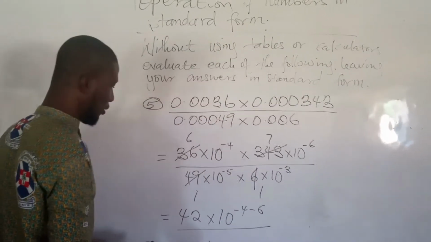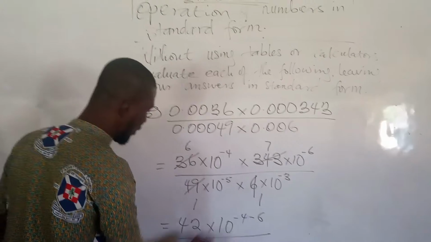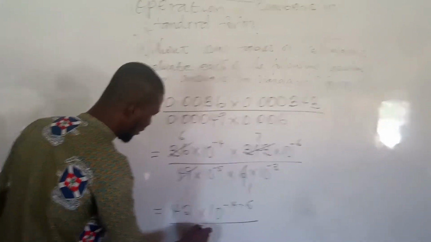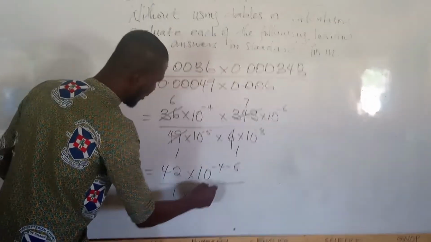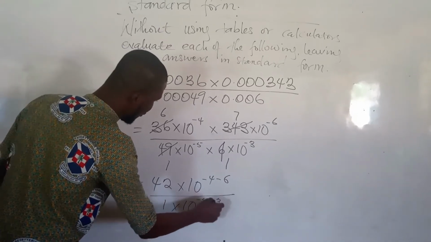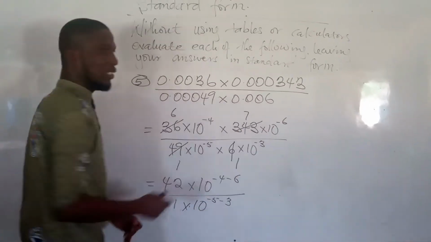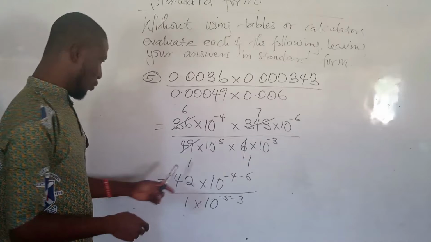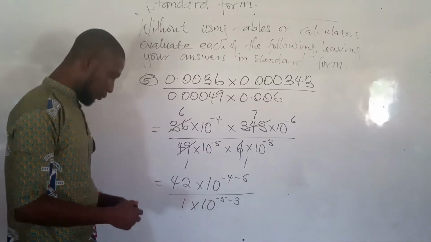All over, here 1 times 1 is 1, times 10 exponent negative 5 minus 3, because they are multiplying, but the second term is negative, so negative 5 minus 3.